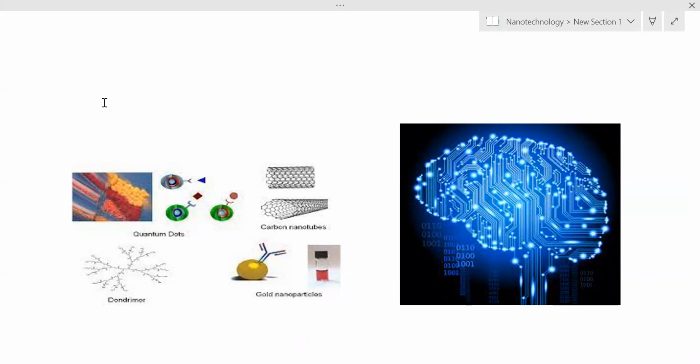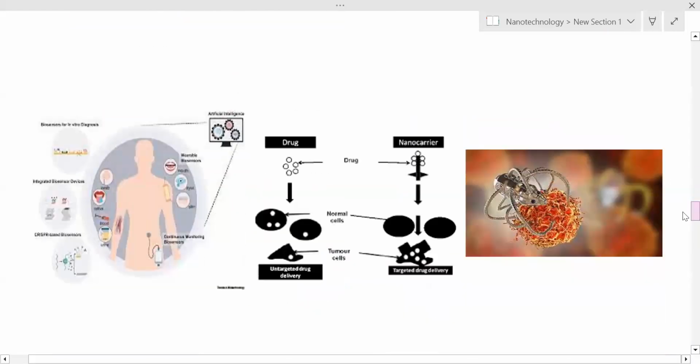For example, we are able to design computers with infinite power, which can mimic human behavior, the human brain, and also biosensors, which can detect the onset of disease and also specific target delivery.